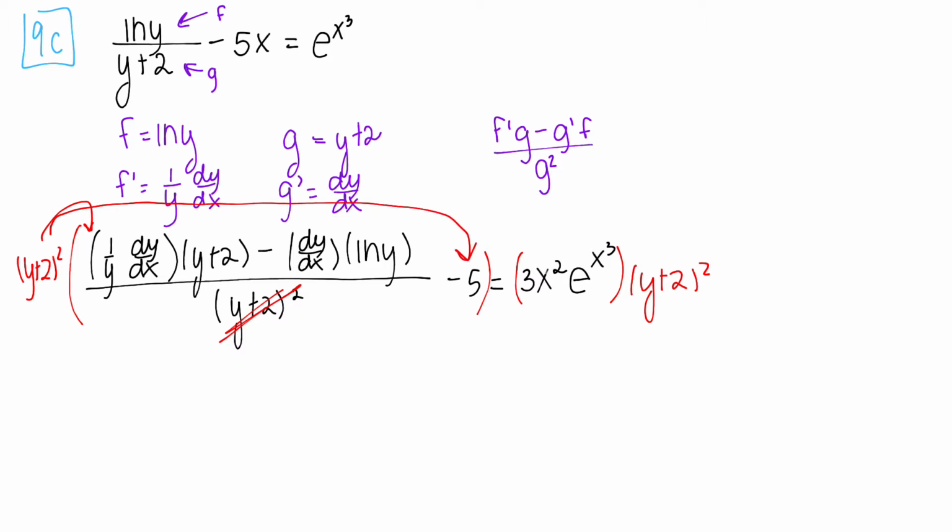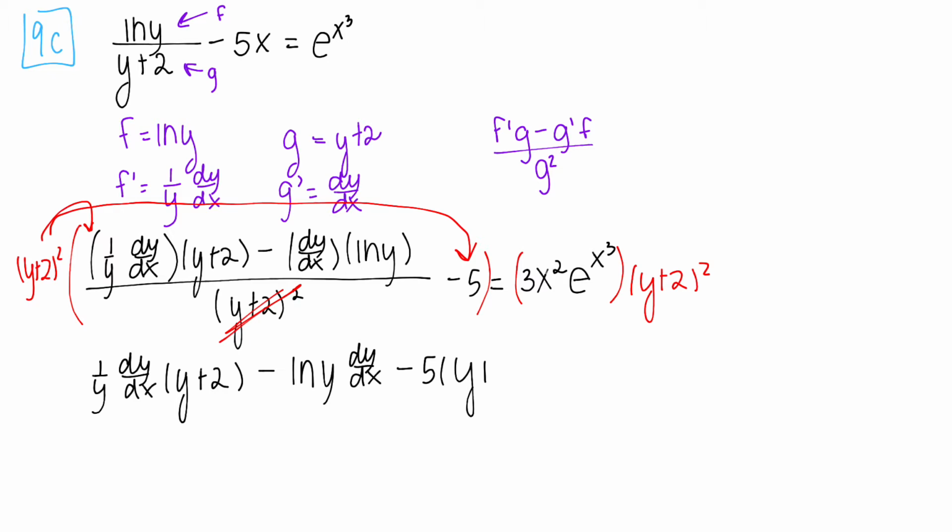So we have 1 over y dy/dx times y plus 2 minus ln y dy/dx minus 5 times y plus 2 quantity squared equals 3x squared e to the x cubed times y plus 2 quantity squared.